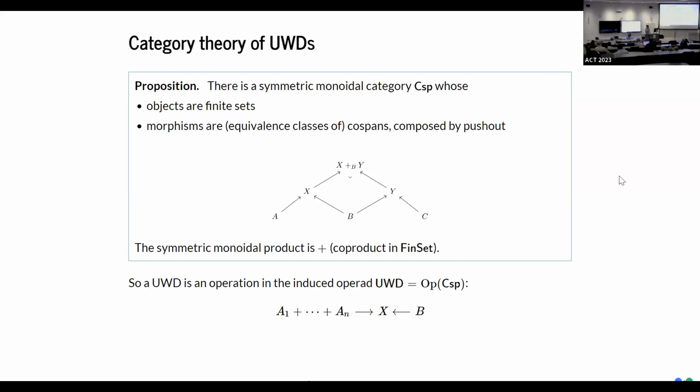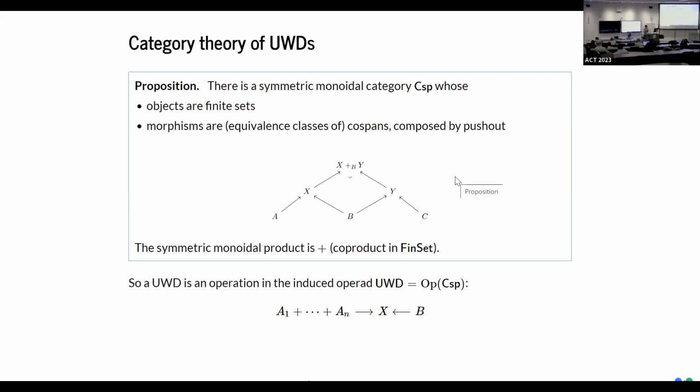So this is the composite of a cospan from A to B with a cospan from B to C. And this category of cospans inherits a symmetric monoidal product from the coproduct in the category of finite sets and functions.